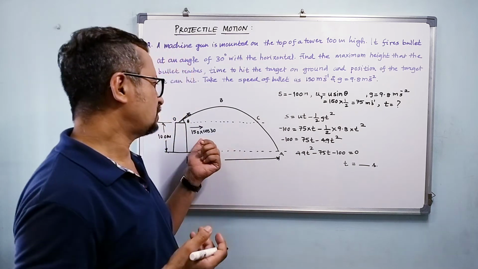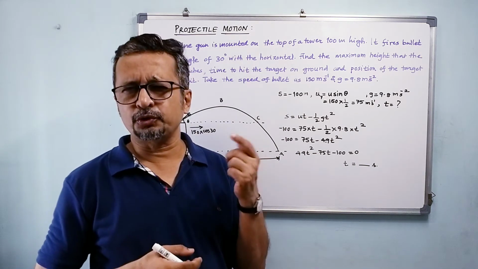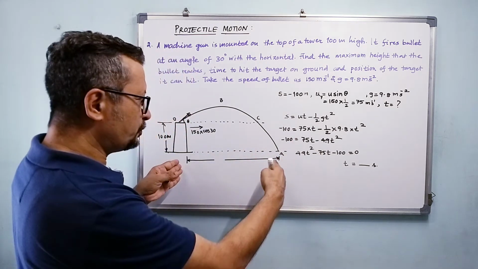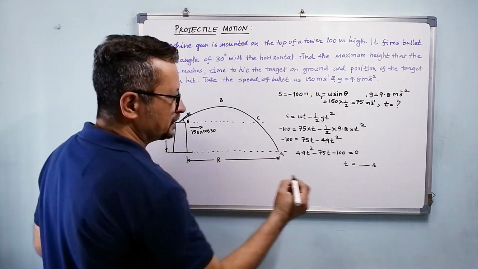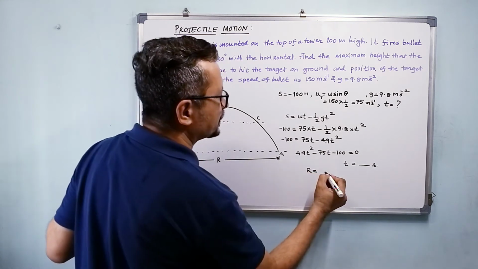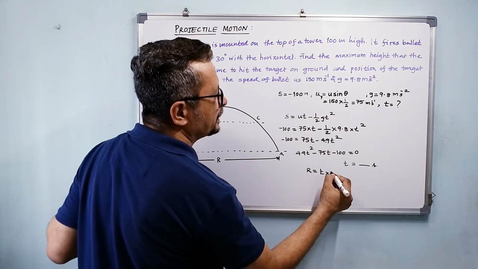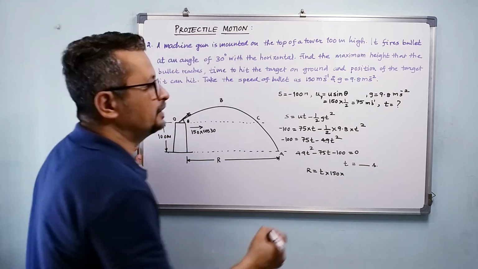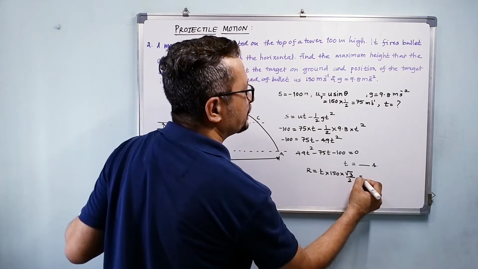I have horizontal velocity, which would be 75 root 3, and then that multiplied by this time will give you this distance, correct? So my R is going to be equal to my T, which I found here, multiplied by 150 into cos of 30, which is equal to root 3 upon 2. So that many meter.